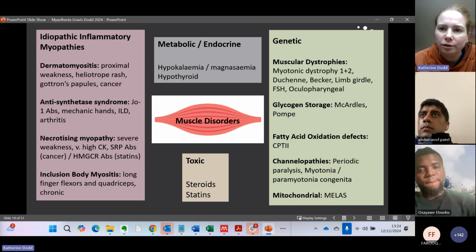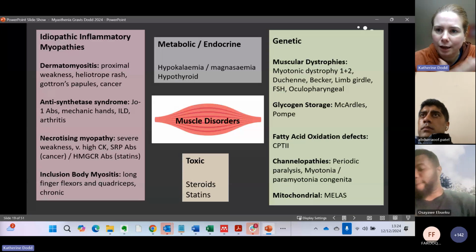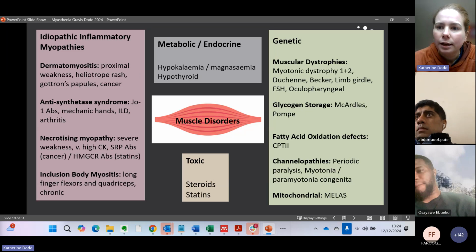So myotonic dystrophy 1, you'll have the typical face with frontal balding, thinning of the face, long, thin face, temporal wasting. There's Duchenne and Becker muscular dystrophy, which are the boys with big calves.